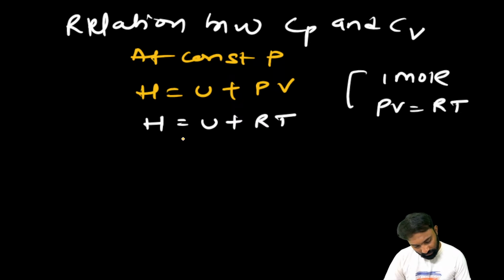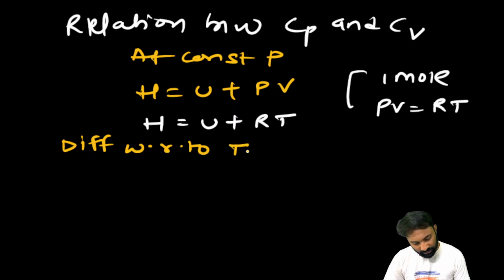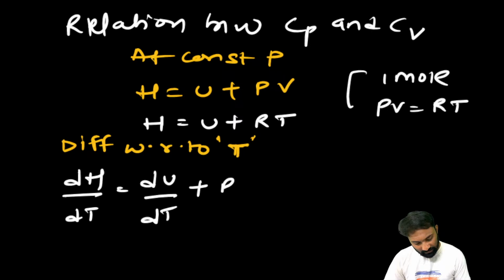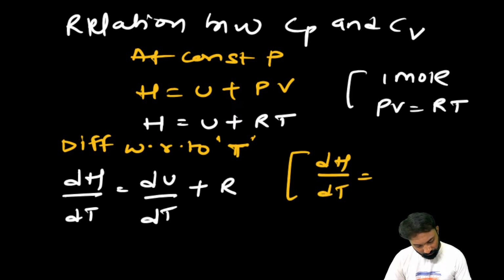Now the entire equation I am differentiating with respect to T. If I differentiate with respect to T, then the entire equation will become dH by dT is equal to dU by dT plus R. Now we know dH by dT will be the Cp, dU by dT will be the Cv.